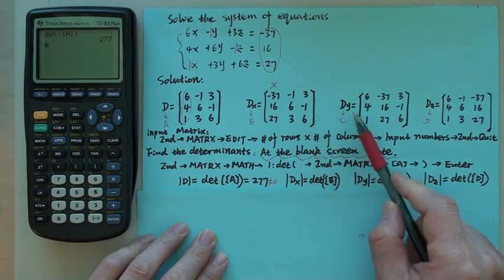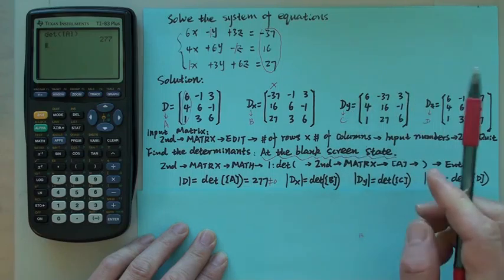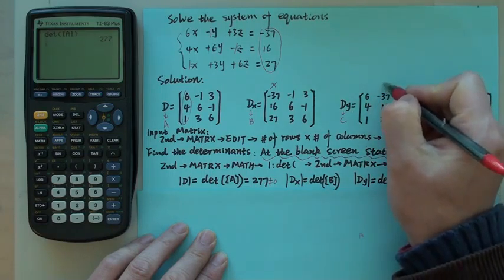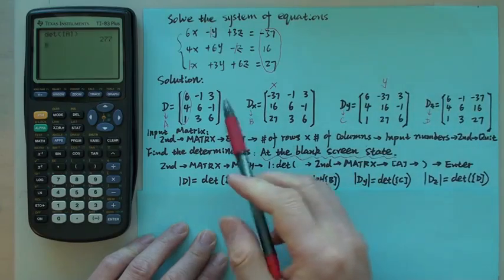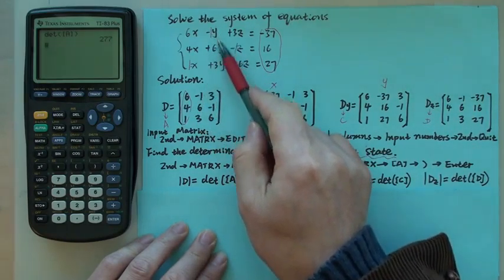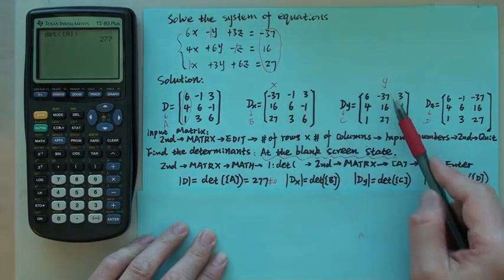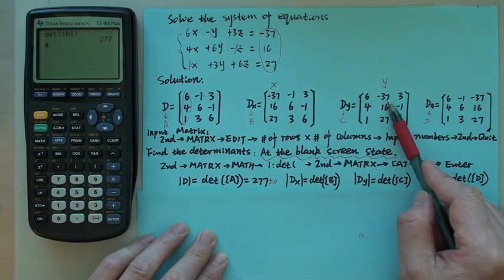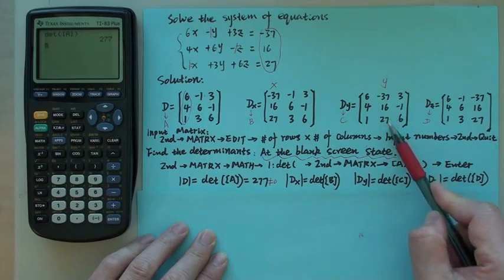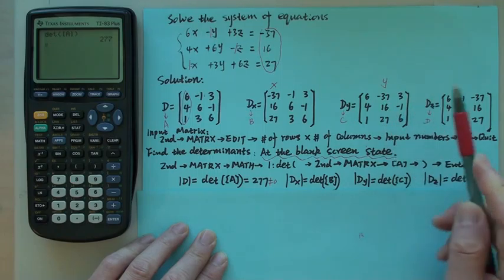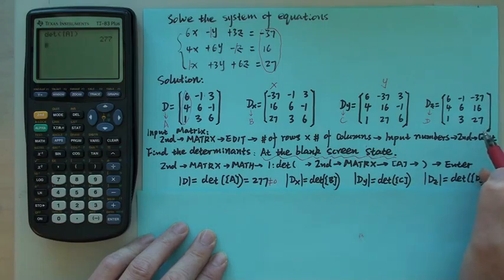The case for D sub y is similar. You replace the second column with the constants, negative 37, 16, 27. And D sub z is similar.